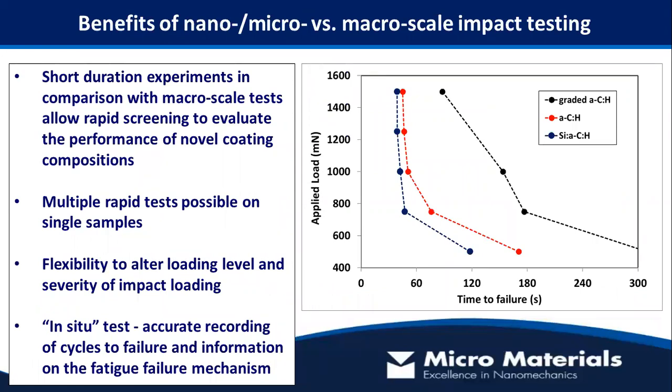It allows you to pull out almost an entire S-N curve really rapidly. You can set up matrices of tests at different loads, different numbers of impacts, and different positions. And you can pull out very quickly the sort of information you see on the right, where in this case it's showing a graded DLC having a better performance than some other DLC coating compositions over a range of loads.